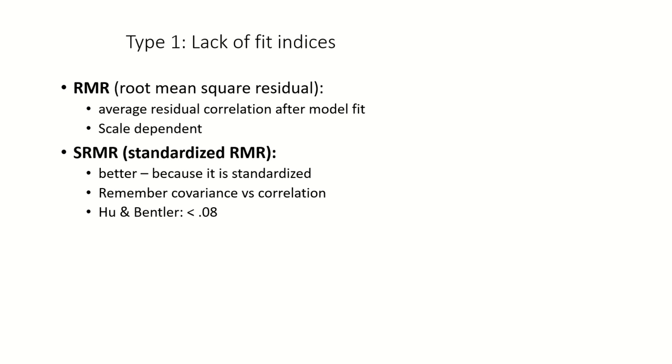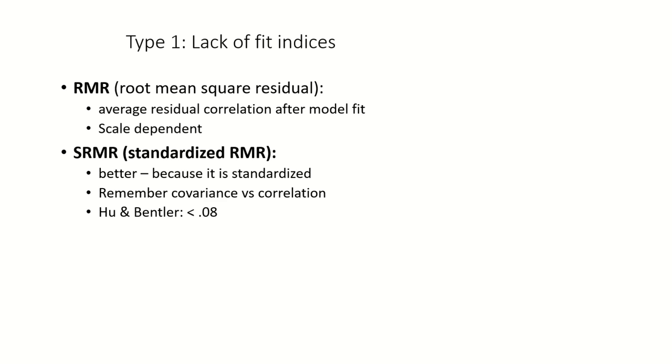Lack of fit indices. The first one is really the root mean square residual. It works out of the chi-square because it looks at what is left over in terms of the residual correlation after we fit our model. So what is the deviation between our expected correlation between any two variables and the observed correlation? Because it is based on covariances, it is scale dependent.